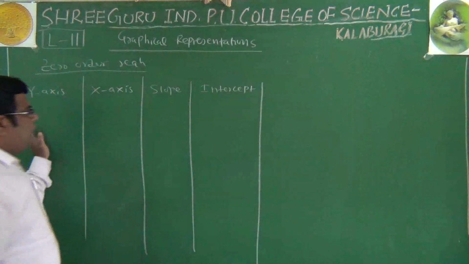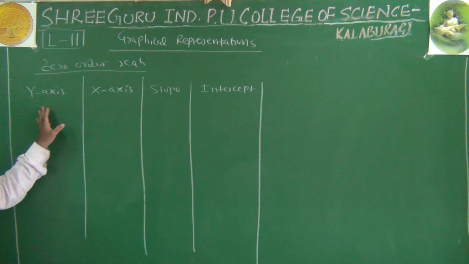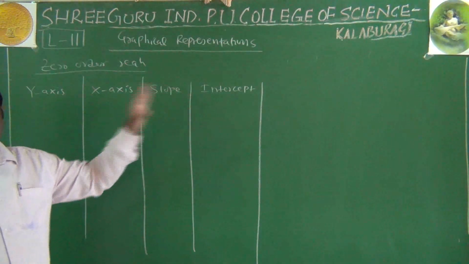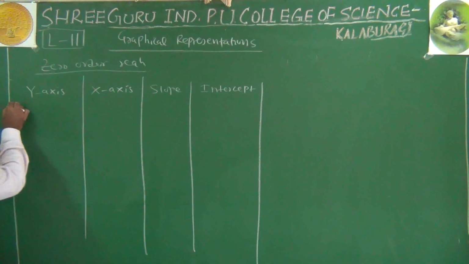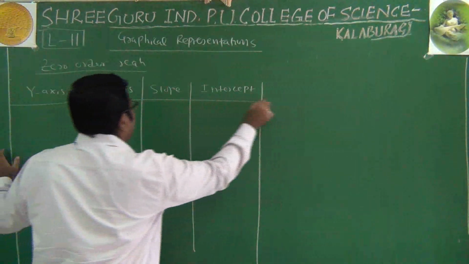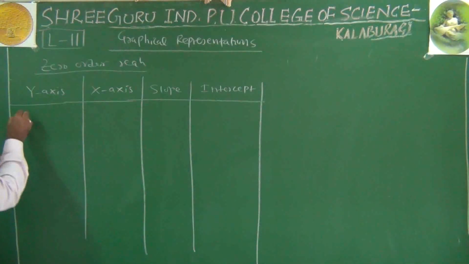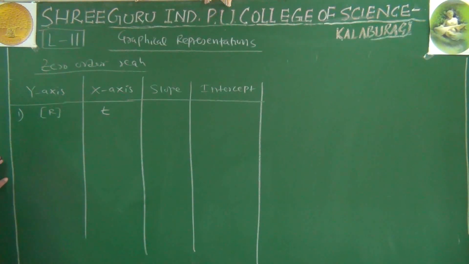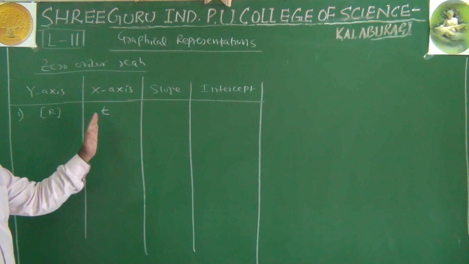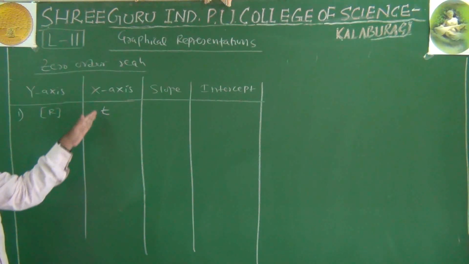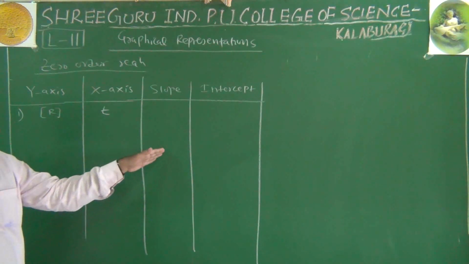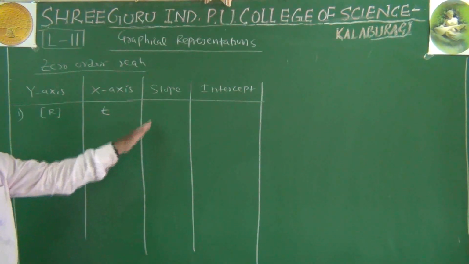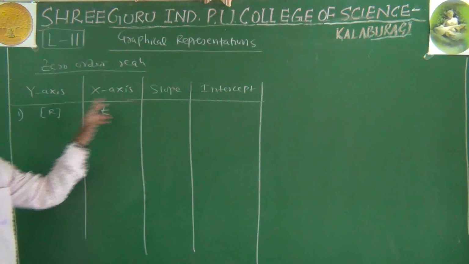So if you understand that the y-axis and x-axis are the 2 variables, and these 2 constants we obtain from every graph. The first graph which we have to plot in this is the molar concentration of reactant versus time. Remember that graph, molar concentration of reactant on the y-axis, time on the x-axis. We get a straight line with the negative slope equal to negative k, and intercept equal to R0.